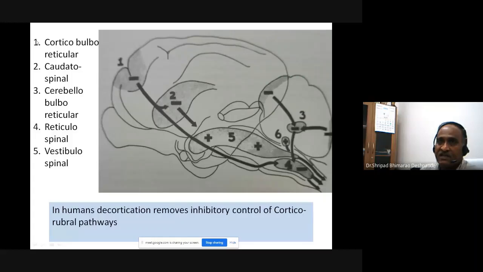So like that, we have 1, 2, 3, 4, 5, 6. I have missed something here; I will just add that 6 is the vestibular system. So 4 is the medullary reticular system.